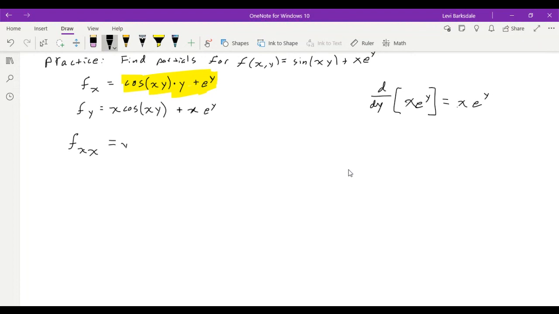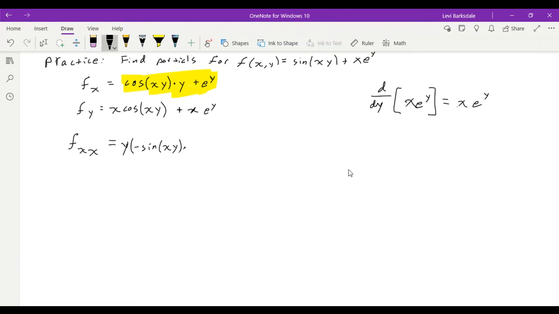The y is just a coefficient out front, so we can basically put it down, ignore it, and take the derivative of cosine of xy. The derivative of cosine of xy with respect to x would give us negative sine of xy times the derivative of the inside.